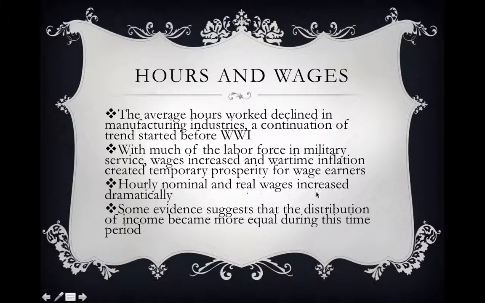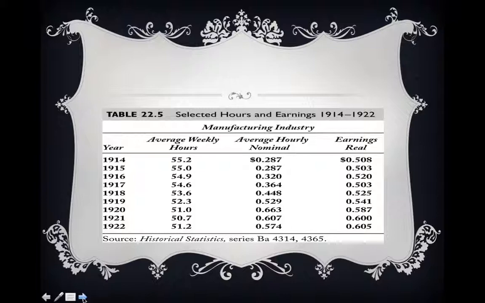Nominal and real wages increased during the time period. So your wage rate in terms of how much you got paid per hour, and nominal wages increased faster than the inflation rate. So this gives you an idea of the trend in average hours worked here.